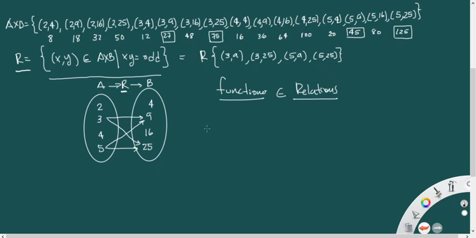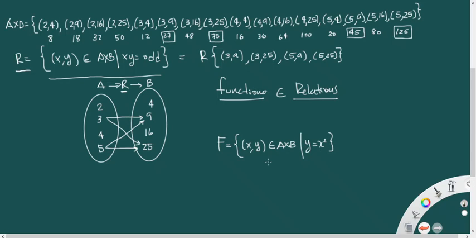Okay, let's do an example. Let's say we have set f, which now is our function, and let's imagine that we have elements x comma y that belong to the Cartesian product AB, such that y equals x squared.